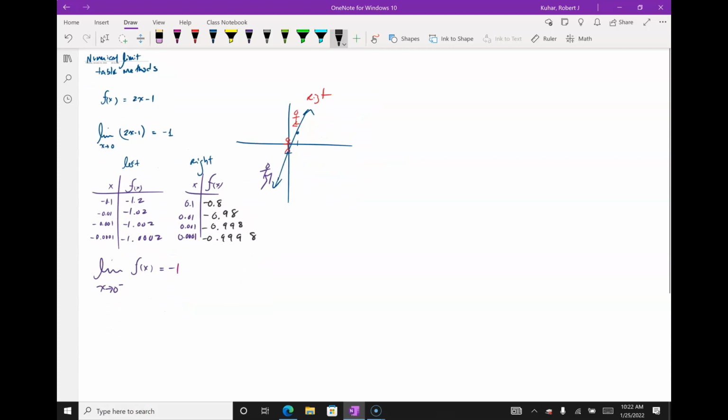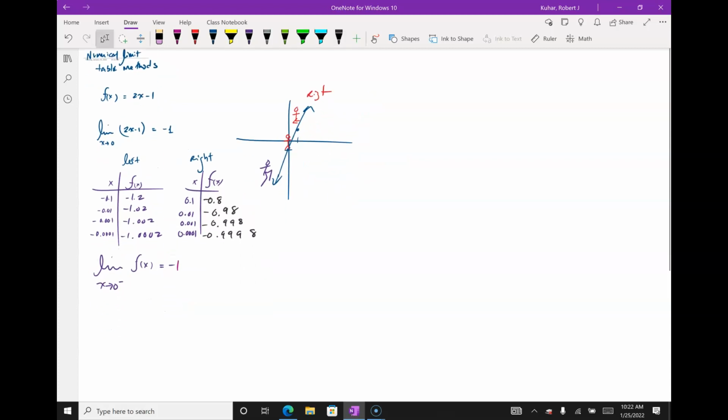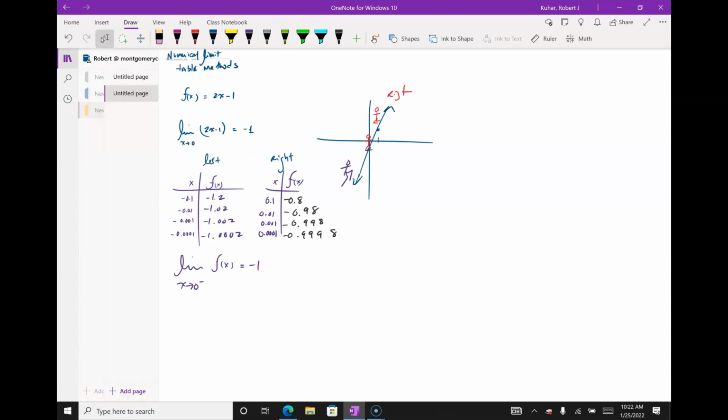Okay. So numerical limit, graphical limit. I want to talk about the formal definition of a limit, and don't let this scare you, okay?